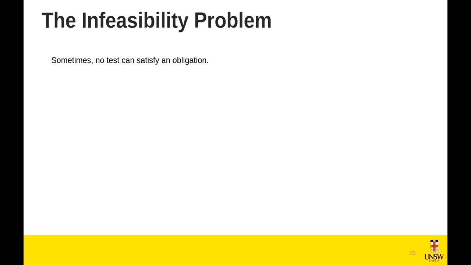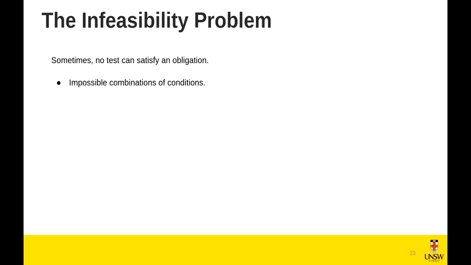Sometimes no test can satisfy an obligation, just like what we have seen just now. If we want to execute the loop 0 times, we can never do that in real life for that particular program. And there are many different reasons for this.